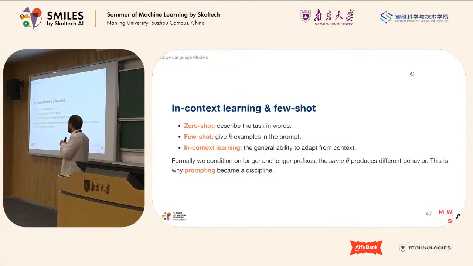Also, if you give a few examples, K of them, it's called few shot, and few shot is also important. In most cases it has better quality. But still, even in zero shot, even without any context, the model may be able to solve your task. Maybe not, but you could try, and I think nowadays it could solve many tasks. Not all of them, but still many of them.